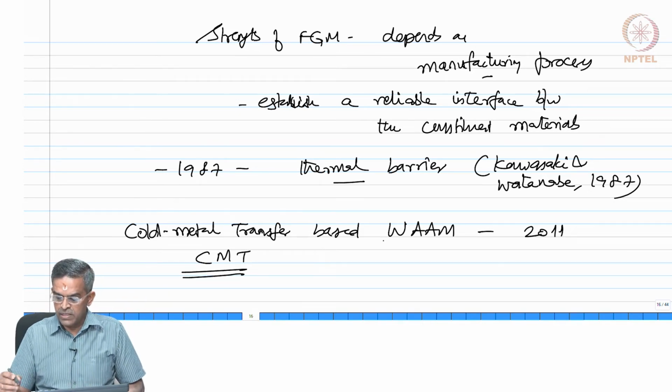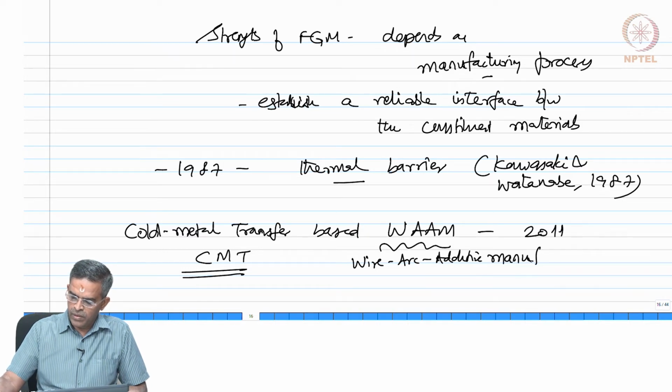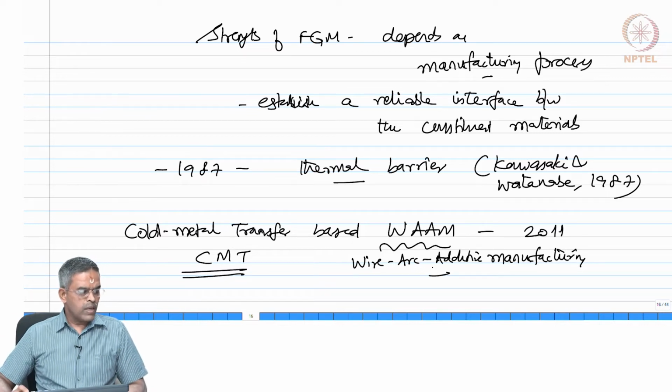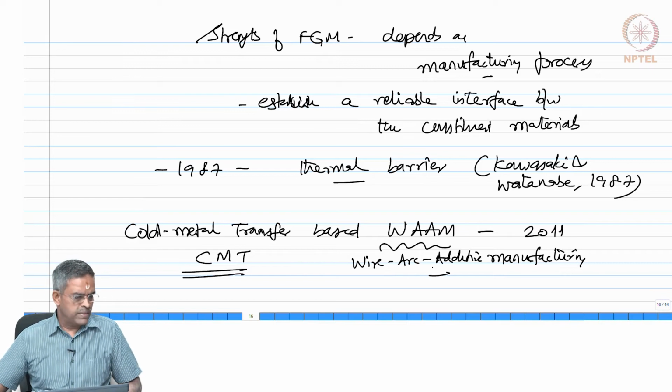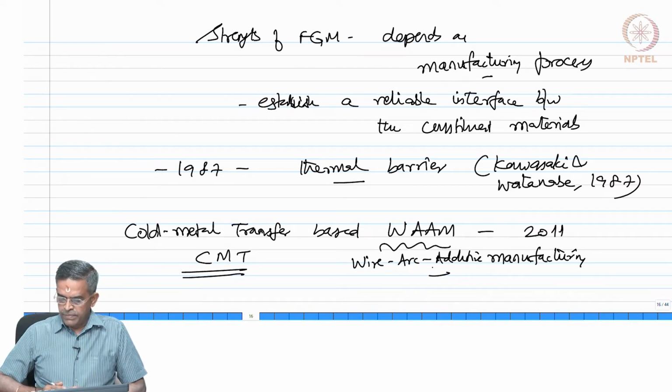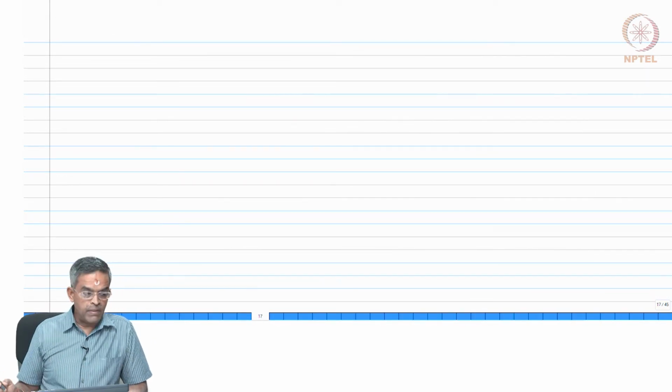This becomes the basis for wire arc additive manufacturing. This has been in commercial application only about 10 years back. So, therefore, it is a recent development, and we are investigating it for its suitability for special structures like marine risers.